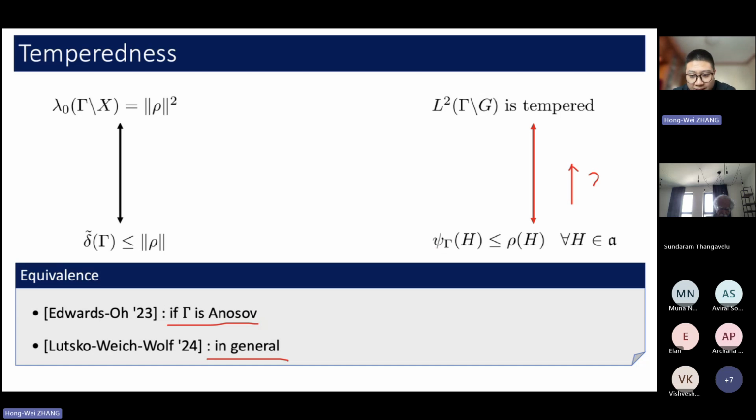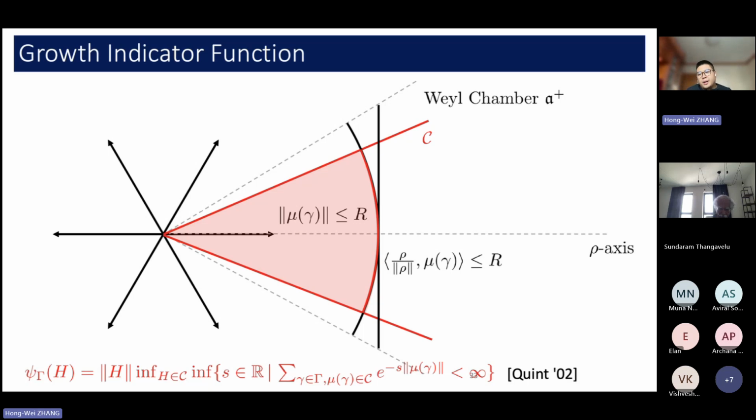P gamma is what I said is the third way to measure the critical exponent. This notation was introduced by Jean-François Gan. He wanted to generalize the Patterson-Sullivan measure from rank 1 to higher rank. Then he introduced this notation. This is another way to measure the Poincare series.